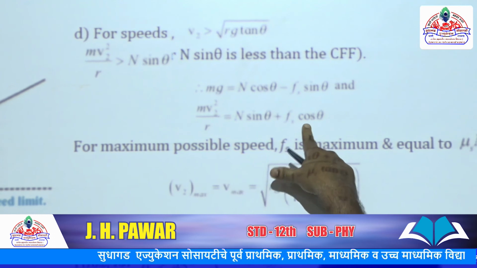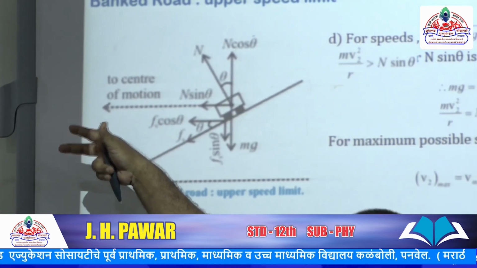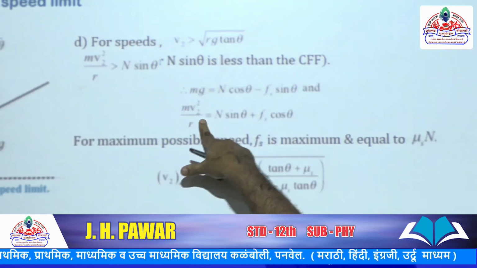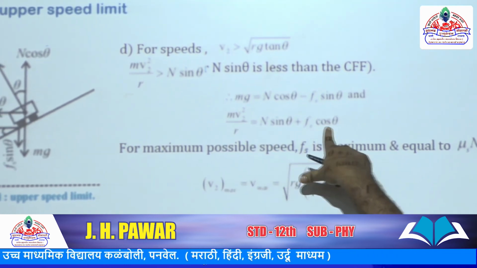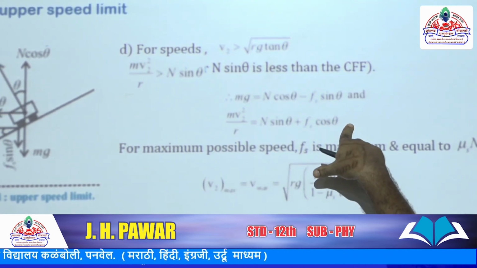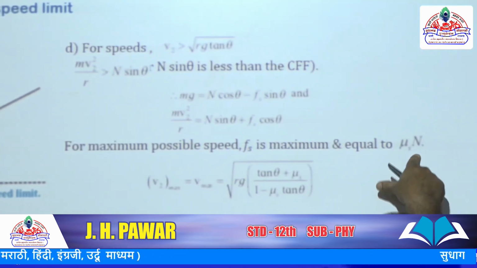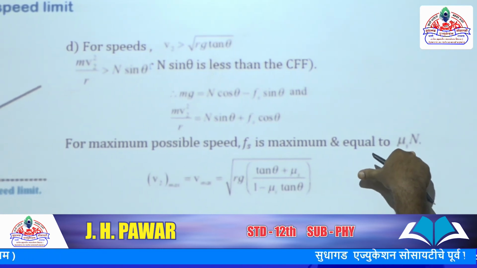Why do we take plus here? Both are in the same direction, so both provide the centripetal force or balance the centrifugal force. So you can take mv squared upon r equals n sin theta plus Fs cos theta. For maximum possible speed, Fs should be maximum and it is equal to mu s into n, no doubt the limiting force of friction.